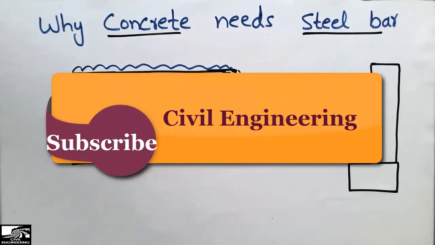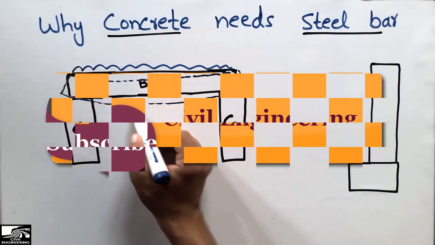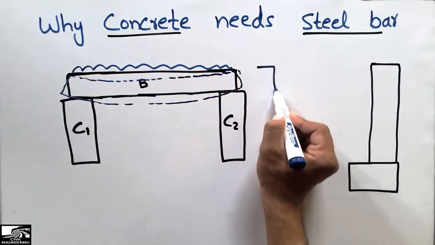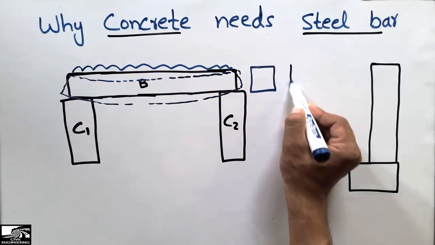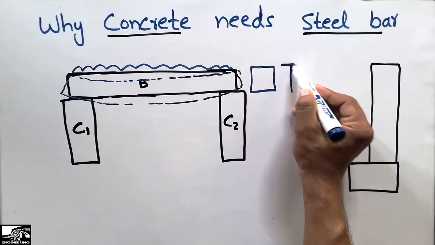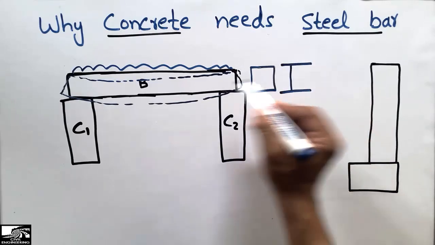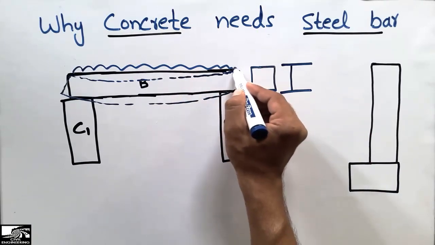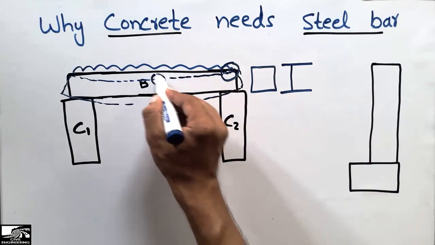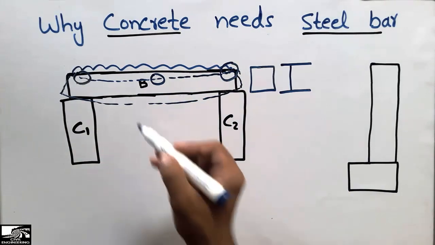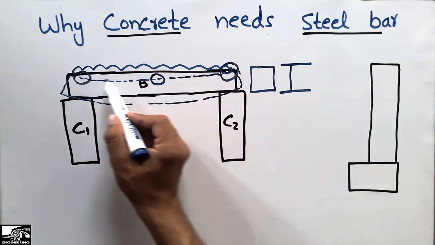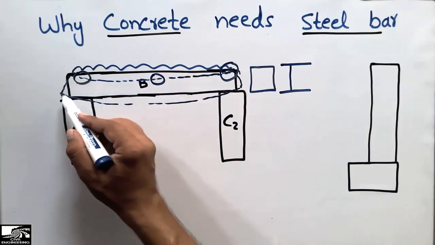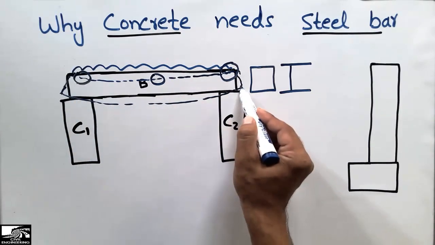Now if I draw the cross section of this beam and the stress diagram, we can see that the top of the beam is compressed. The upper portion of this beam is compressed and the bottom portion is extended, like it is in tension.